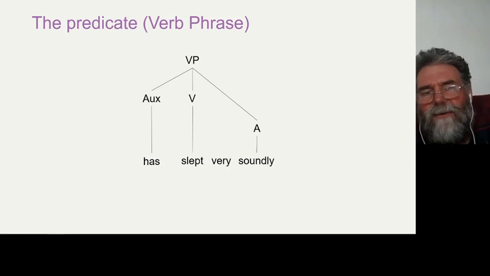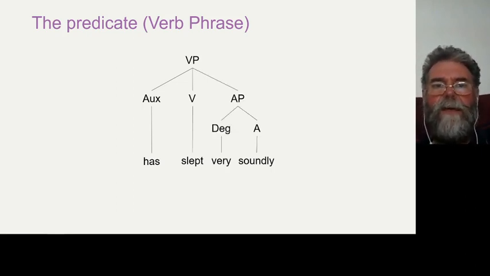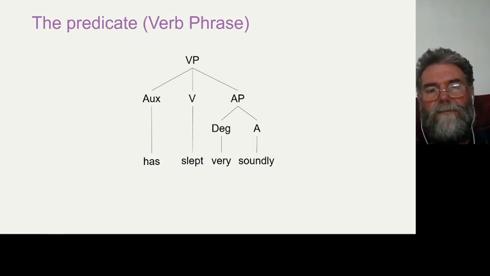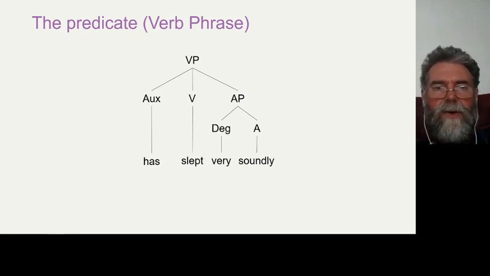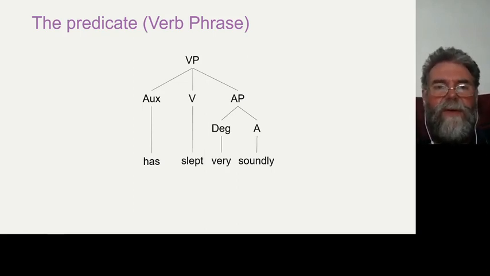And again, we can modify this adverb with the same kind of word, a degree adverb, like very. So he has slept very soundly. That leads us to exactly the same conclusion as we had before with the adjective, that actually adverbs and adjectives are both parts of phrases which can contain other words like degree adverbs, such as very. So there's an AP inside the VP, either preceding the verb or following the verb.